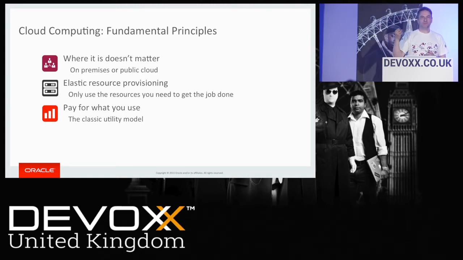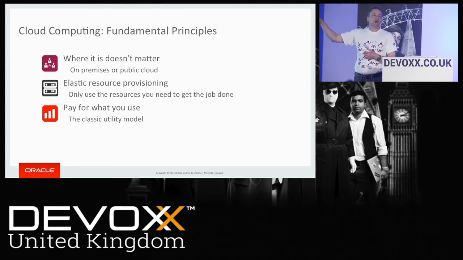Again, if you plug something into the electricity supply, you draw as much electricity as you need. So when you boil the kettle, you're pulling maybe 1,000 watts, maybe 2,000 watts if you've got a really big kettle. But the idea is you only draw as much electricity as you want, and you get billed for that electricity.